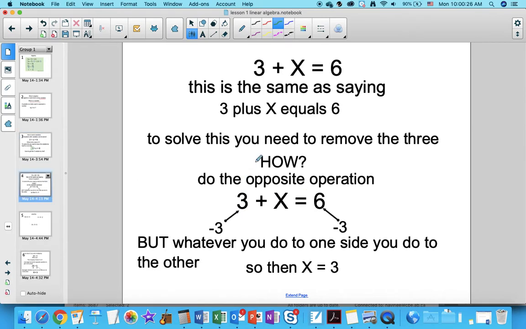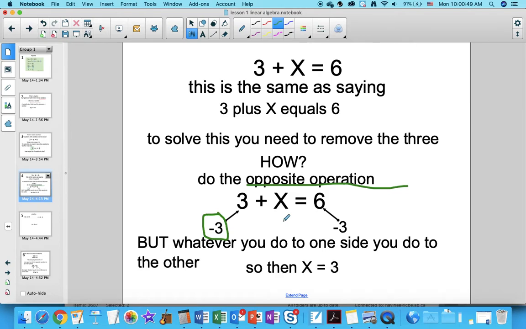So this is the same as saying 3 plus x equals 6. To solve this, I need to remove the 3. How do I remove the 3 to get x by himself? Well, I do the opposite operation. 3 plus x. Okay, well, I have 3 and I'm adding, so I do the opposite. I subtract 3.